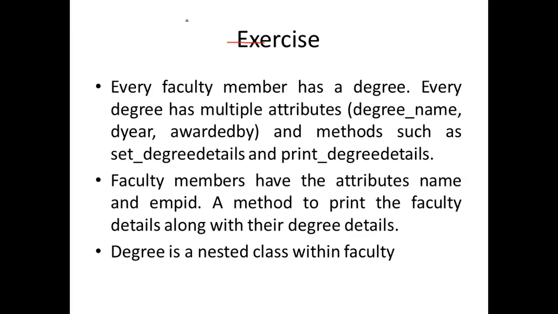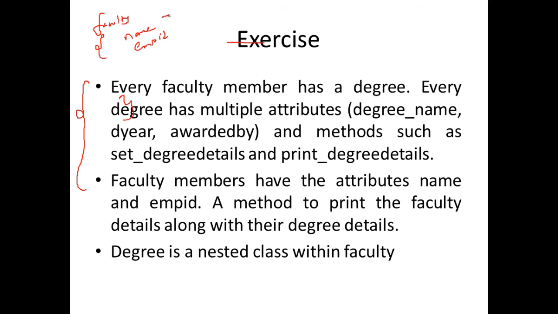So now let's take an example. Let's take an exercise and see how we can use nested classes. Here there is a class by the name Faculty, and faculty members have some attributes. For instance, every faculty will have a name and an employee ID.